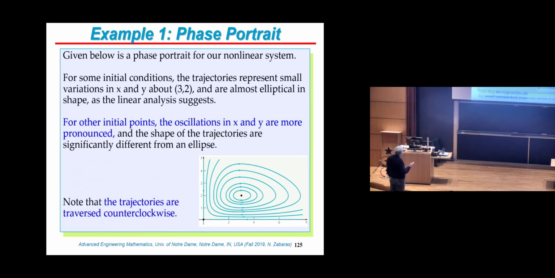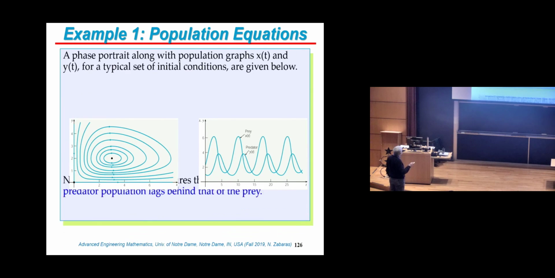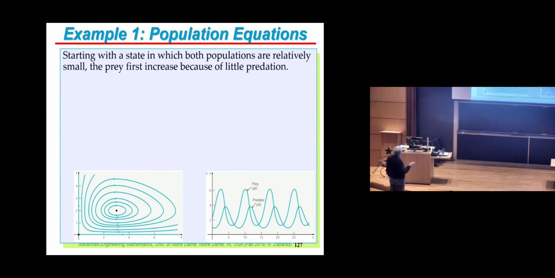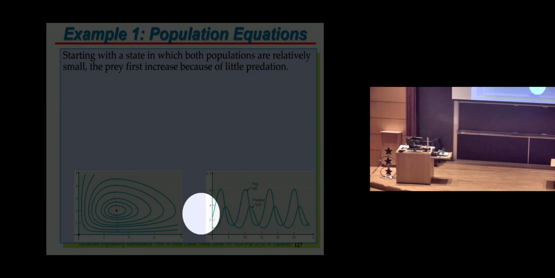So let me see if I can actually plot. What I'm going to do is plot the populations x and y as a function of time, with some initial conditions. You can see here the variation of the prey on the top. The predator is on the bottom.